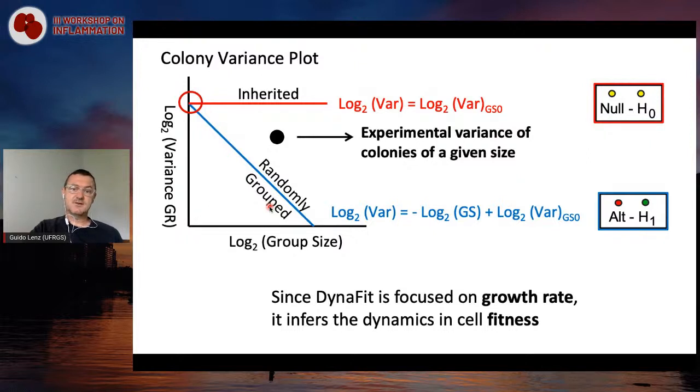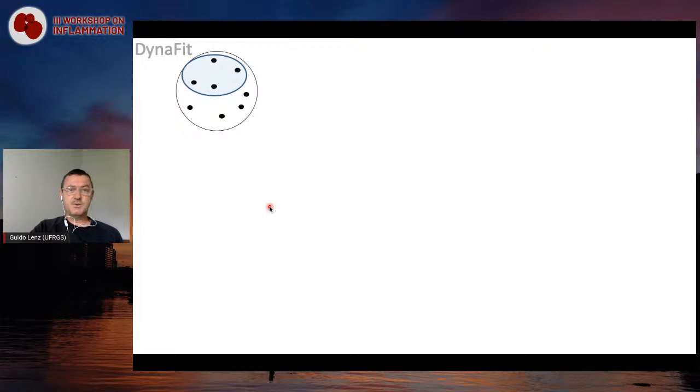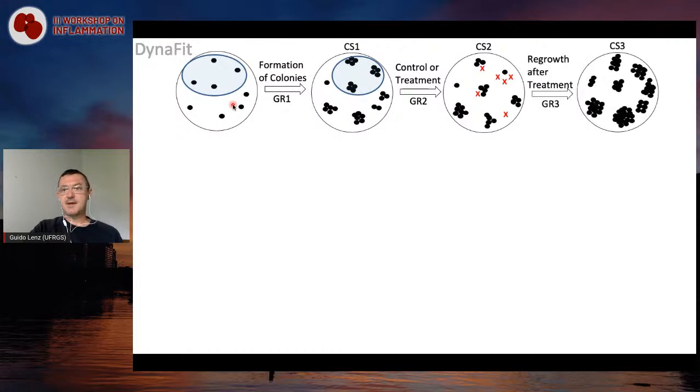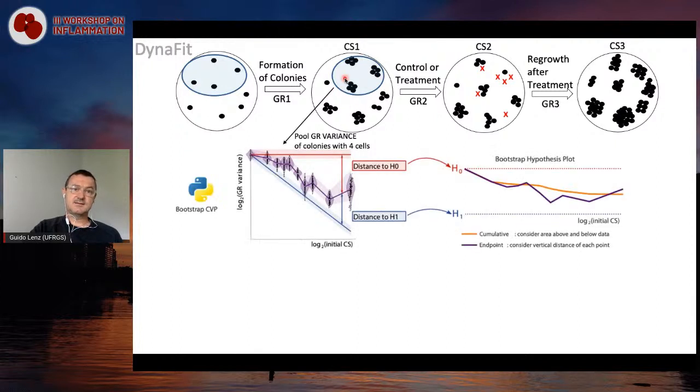So we do this in the lab by growing colonies, obviously at small density, so that we know that colonies come from single cells. And then we image them at different times. We group the growth rate of the colonies with a similar size, and this gives us a given point in our colony variance plot.